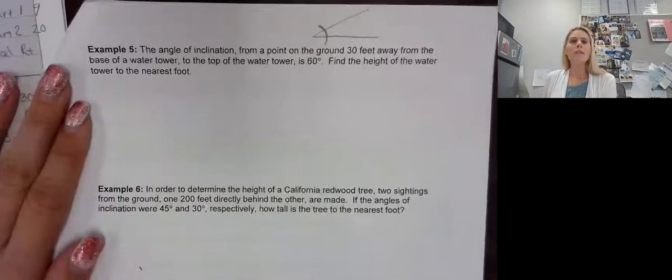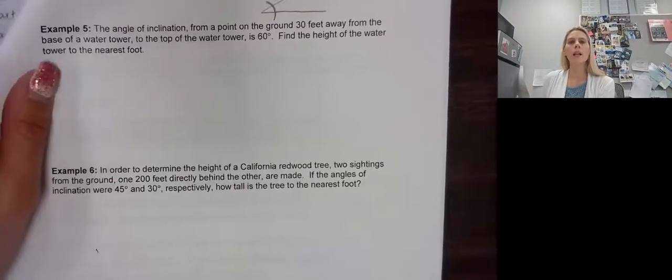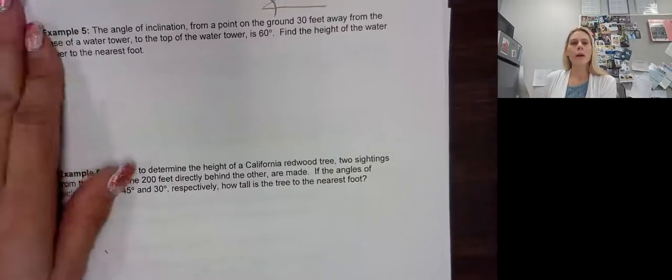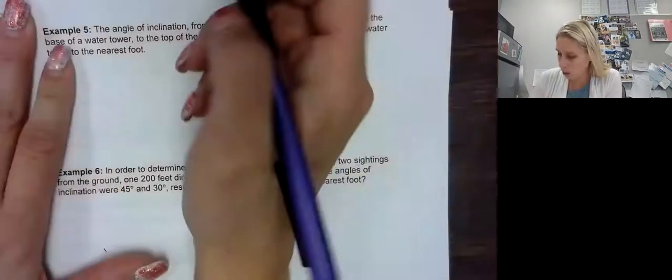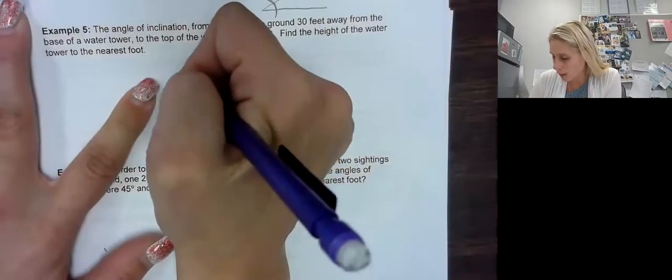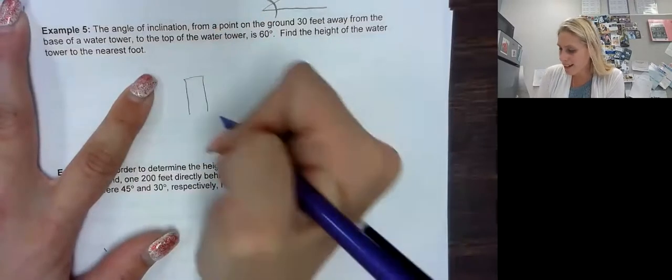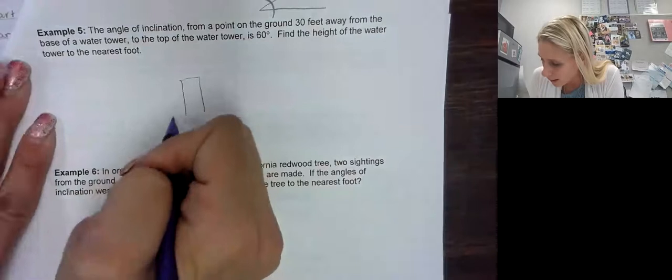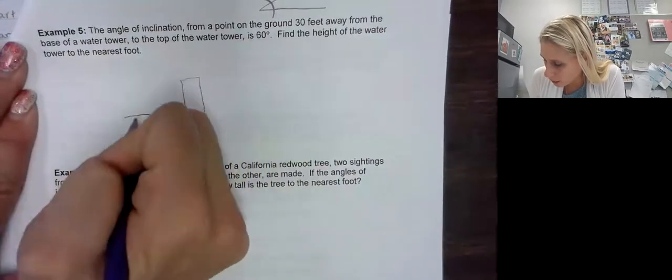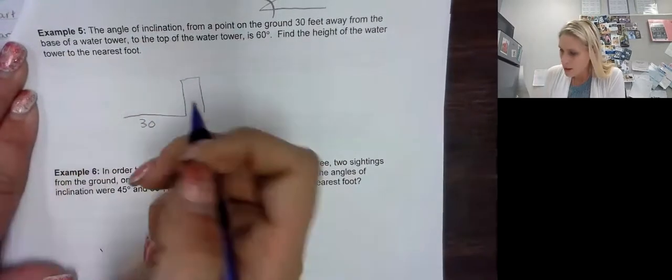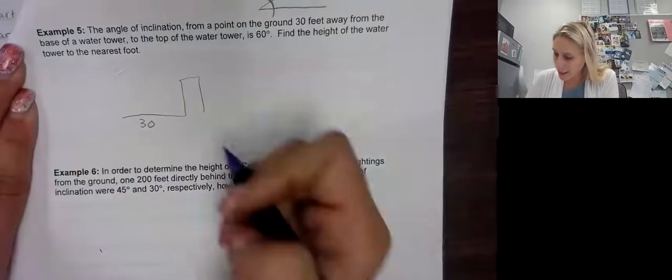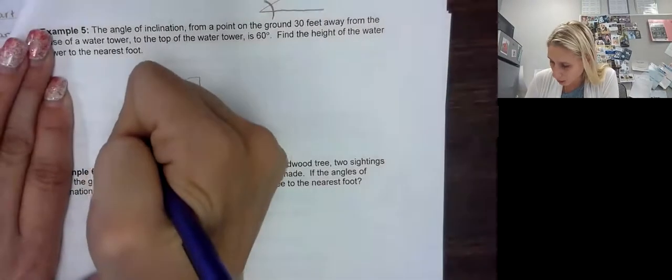Okay, the angle of inclination from a point on the ground 30 feet away from the base of a water tower. So we have a water tower, and of course I am not a good artist. So here's my water tower. I am 30 feet away, and we're looking at the top of the water tower.